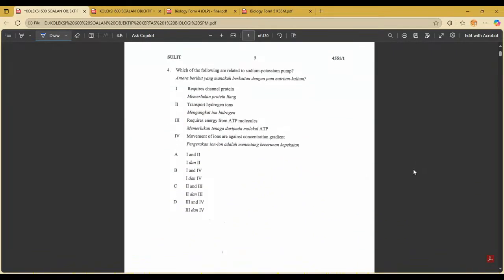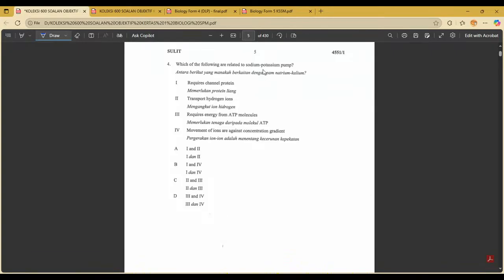Question 4. Which of the following are related to the sodium potassium pump? The sodium potassium pump is active transport across the plasma membrane.